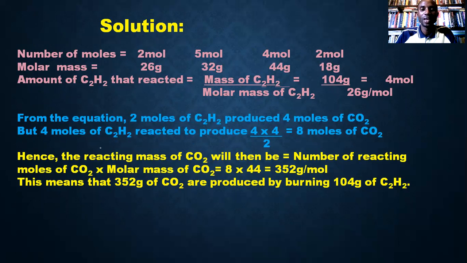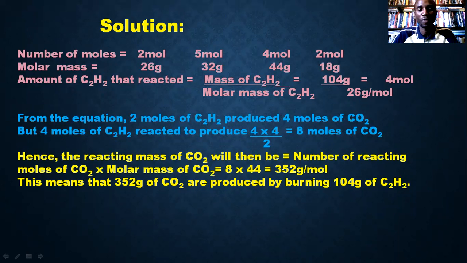If that is the case, 4 moles of ethane will react to produce what? Cross multiply: 4 times 4 divided by 2 will give you 8 moles. If 4 moles of ethane reacted here, it means that 8 moles of carbon(IV) oxide will be produced.